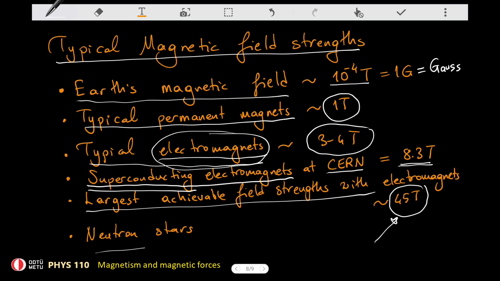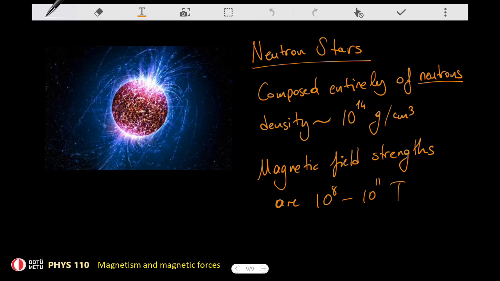However, in the universe, there are these neutron stars which have huge magnetic fields. The neutron stars are not ordinary matter, of course. These are composed entirely of neutrons. There are almost no atoms in there, and basically the empty space inside the atoms is not present. So these are objects, let's say, with an extremely high density.